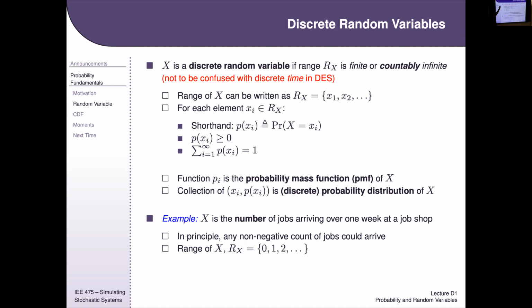What we're saying here is that if the range has a finite number of things in it, heads, tails, well, heads is 0, tails is 1, so I only have 2 things in my range. That's finite, so that is a discrete random variable. Alternatively, it could be infinite, but it has to be countably infinite.